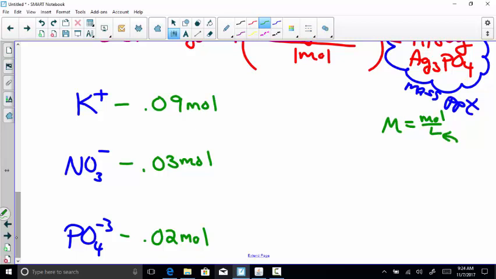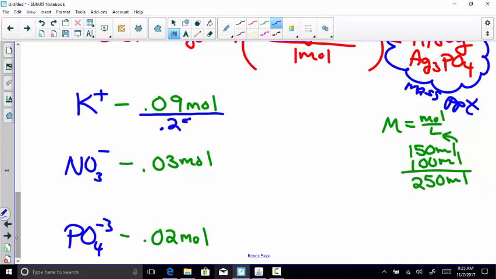And if you go back, okay, we had 150 milliliters of one, and we had 100 milliliters of the second one, so we have 250 milliliters as my volume. So what I'm going to need to do is divide all of these by 0.25 liters.